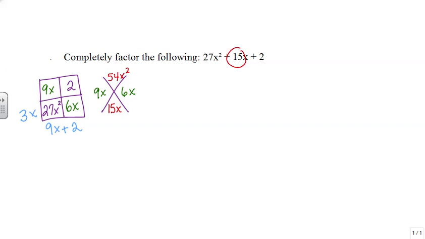If I put a 3x here, and I multiply by what I have on the bottom, which is my 9x, I realize that I do get 27x squared, so I'm good on that one. Coming across from 9x and 2, the only thing that those two numbers have in common is a 1. So these would be my two factors for this problem using the box and diamond method.